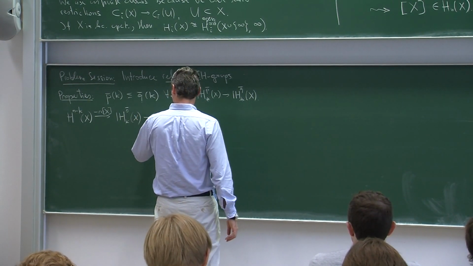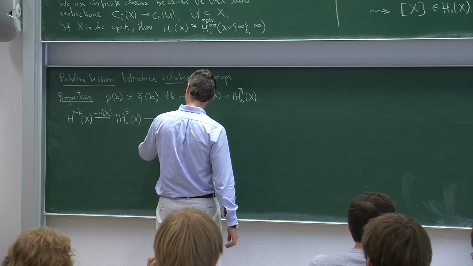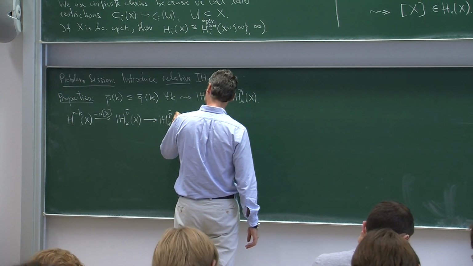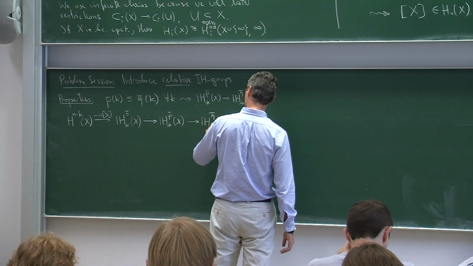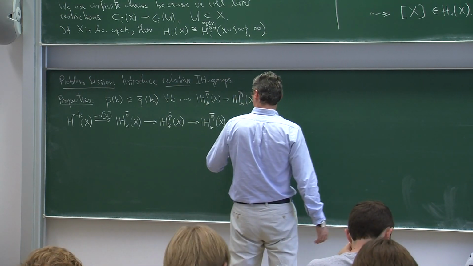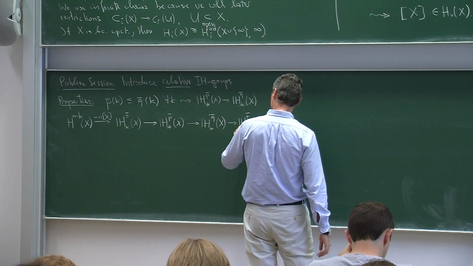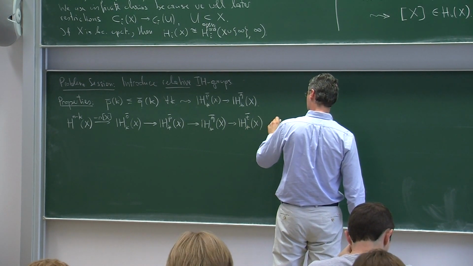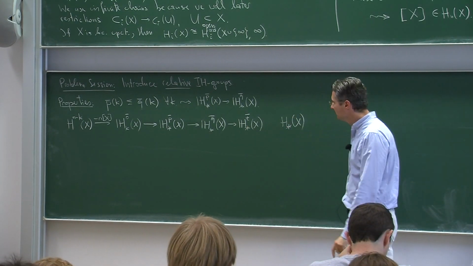And from this, you can go on to higher perversities, and so on. There are all these groups now sitting in between here, as we said. Finally, of course, you get to the top perversity. And if you don't place any restriction at all, you go to homology.